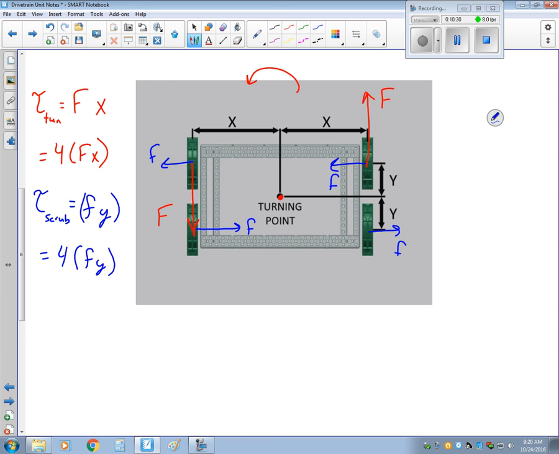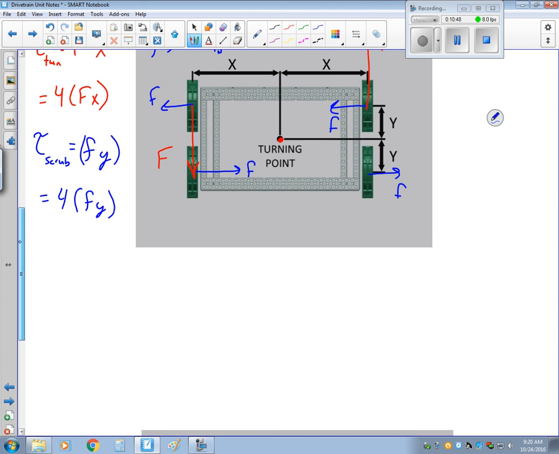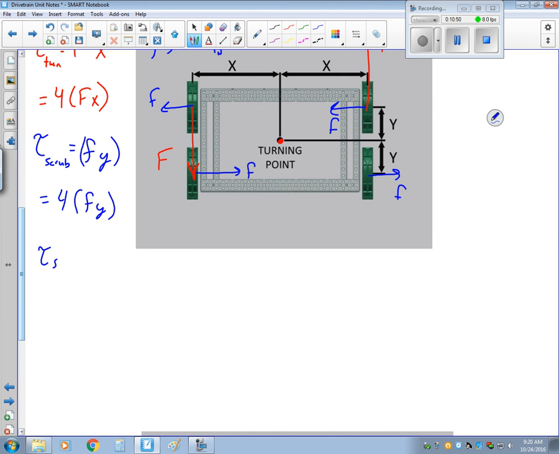And we can go a little bit deeper. Friction equals a coefficient times the normal force. And the normal force really just equals how much this thing weighs, if we're on a nice flat surface. So the scrub then will equal 4 times the coefficient of friction times the weight times that value y.